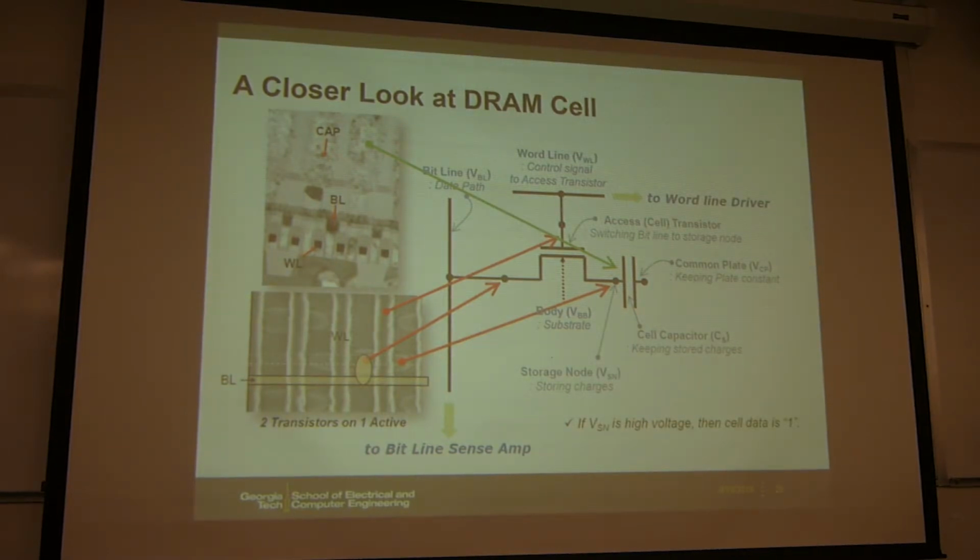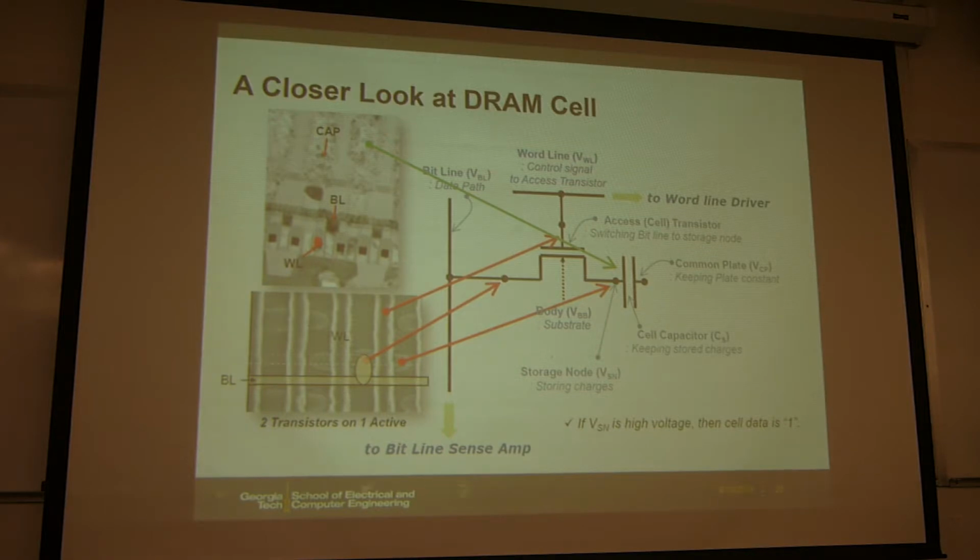So let's have a closer look at the DRAM cell. This one T1C, and here we have two microscope images from the TEM. This is a side view, and the bottom one is the top view, more like a layout. Here from the side view, this is the transistor word line, which in this side view is in and out of the plane.